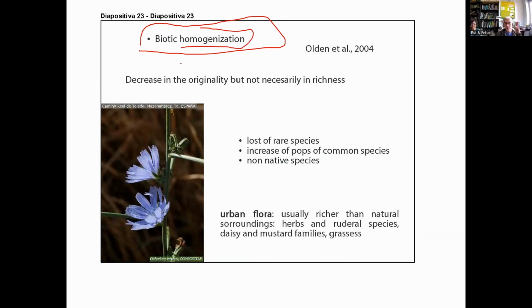In this biotic homogenization, we have different plants coming from different origins, even non-native species forming this species pool. It's called like that because it's like being in different cities but finding the same wild plants in them, like the same shop.